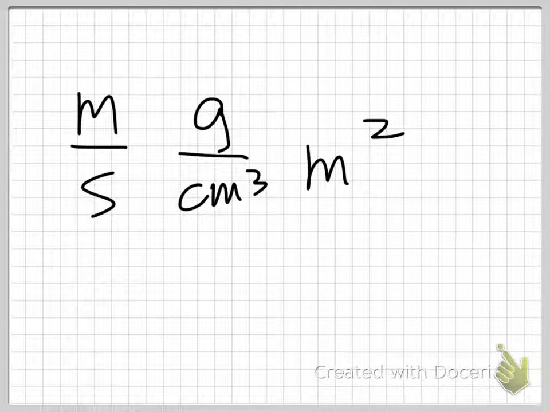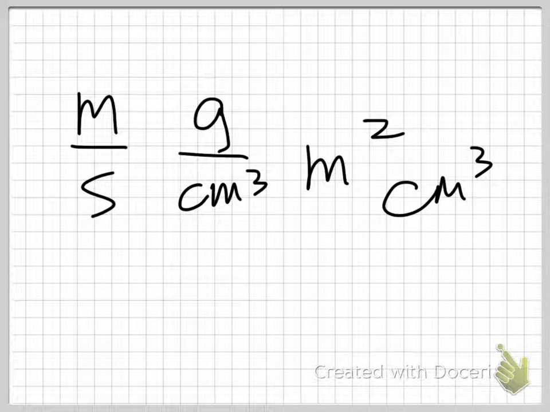Meters squared, area, is a derived unit. Cubic centimeters, volume, is a derived unit. These are all derived units. Well, we have to be comfortable doing derived unit conversions in here. It's fine. You'll live.